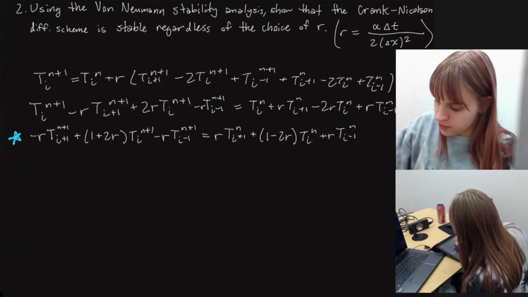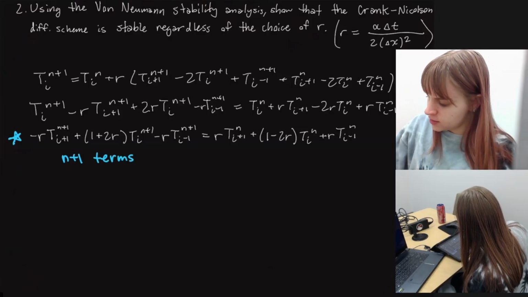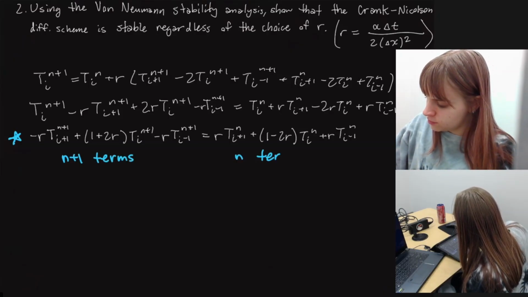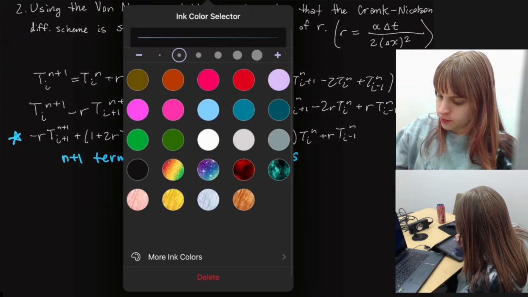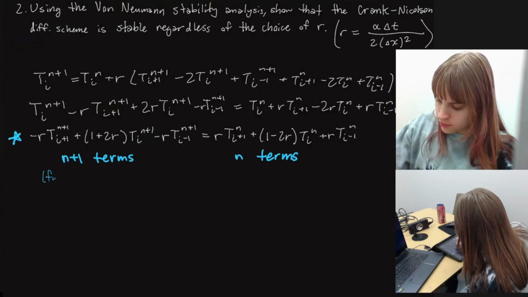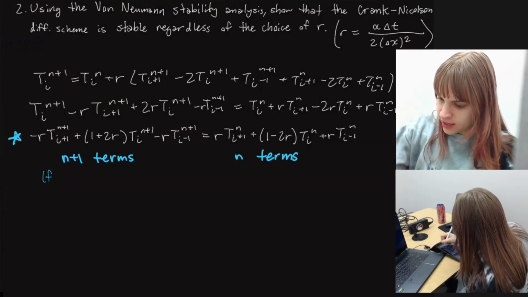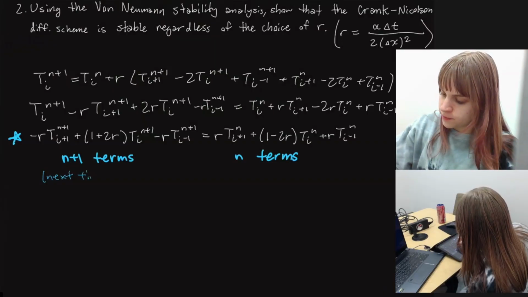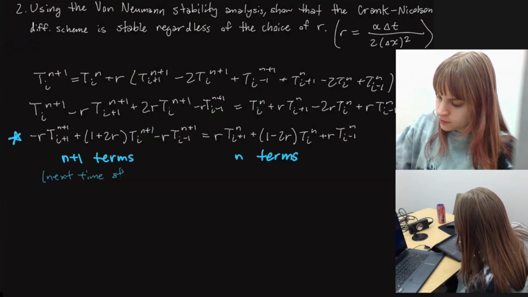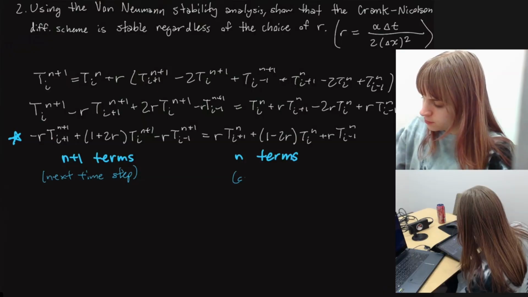And this side has all the n+1 terms, and this side has all of the n terms. AKA, this is the next time step, and this is the current time step.